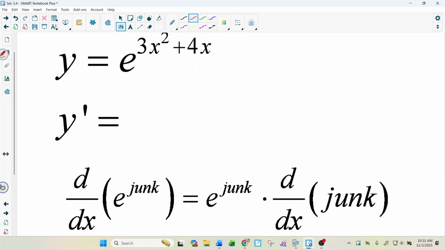The derivative of e to the junk is just e to the junk, so it's just e to the same thing, then times whatever the derivative of the junk is. So now as I go to take the derivative, I can forget about the e and just look at the exponent and get 6x plus 4.